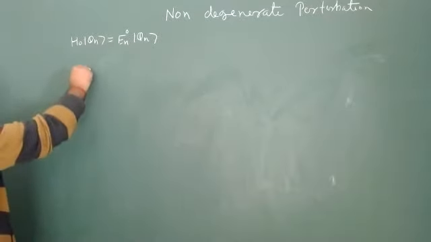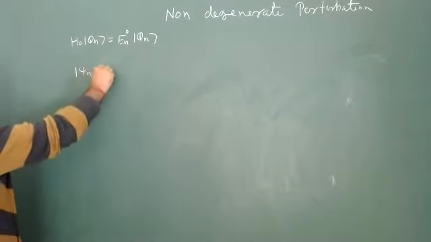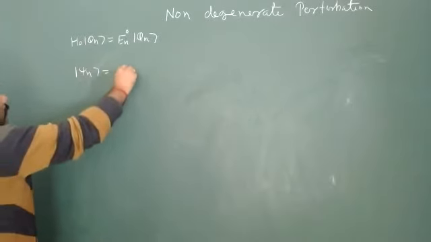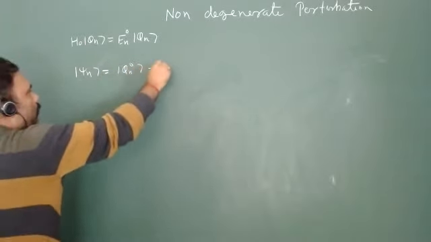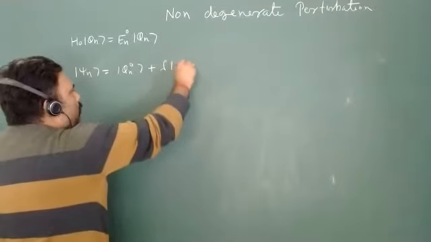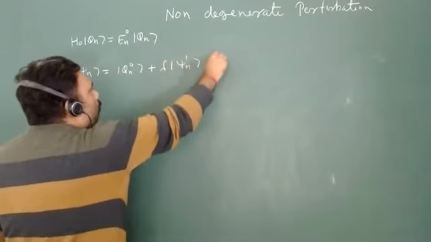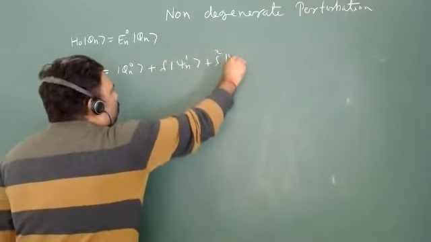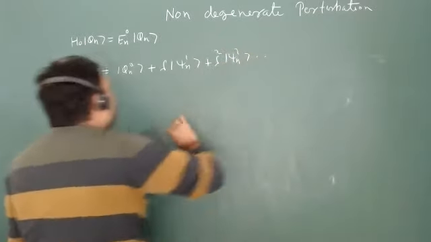And we have psi n something like phi n0 plus lambda psi n1 plus lambda square psi n2 and so on.